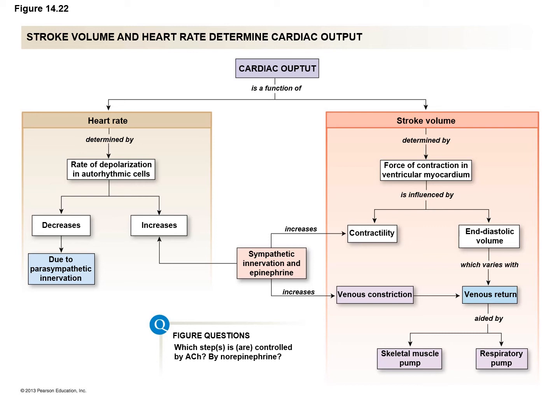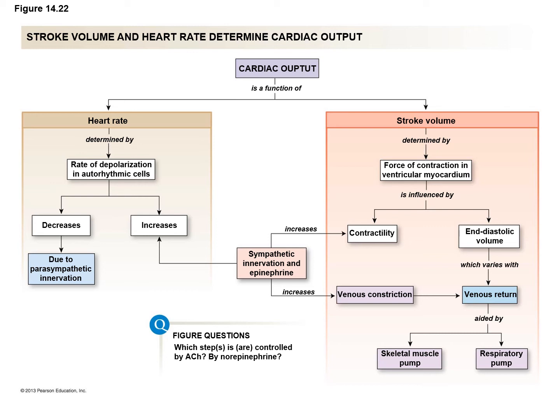Heart rate is determined by the rate of depolarization in the autorhythmic cells. By decreasing heart rate, we're decreasing the rate of depolarization of these cells. We do that through parasympathetic innervation. If we're increasing the rate of depolarization, this is done through sympathetic innervation and epinephrine.